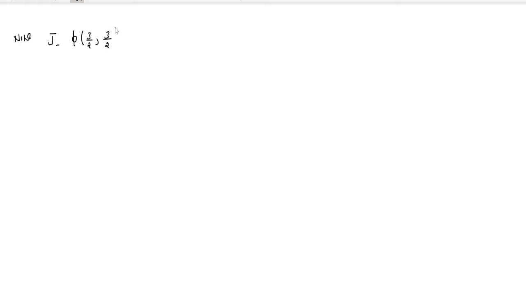3 divided by 2. So we know the formula of J minus. You apply J minus on this state, then we can get J minus, right? The M state will decrease by 1.